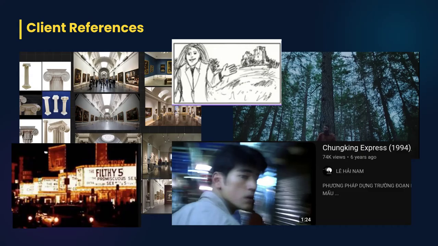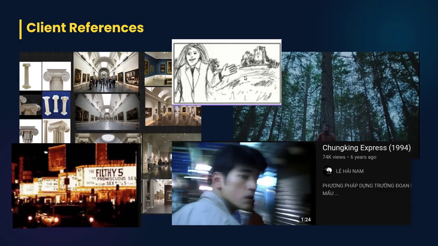The more references we got, the better, right? The easier it is to get a grasp of what the client wants for the background, because even if you're doing photorealistic stuff, there are different styles and art directions and decisions you're going to make.